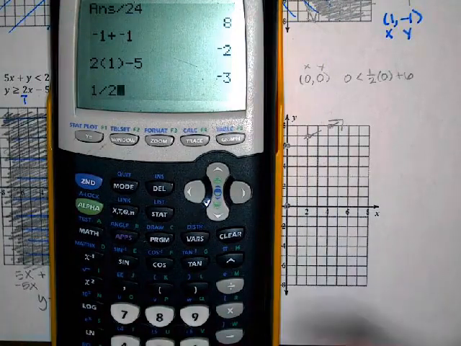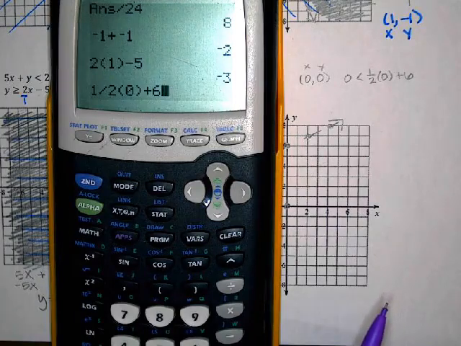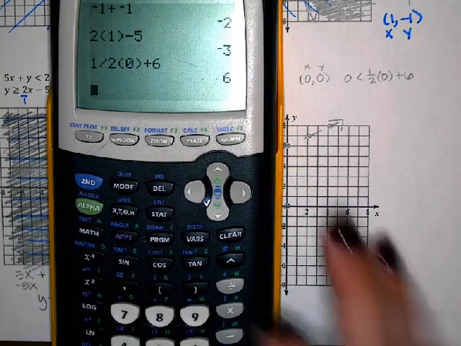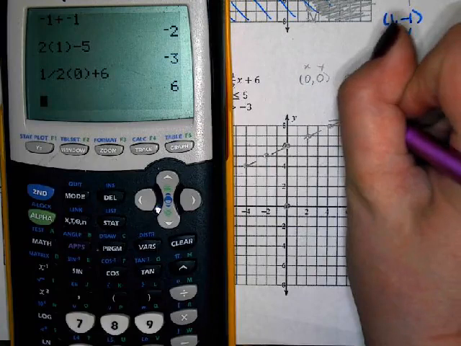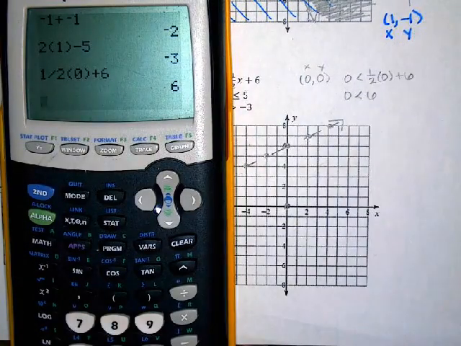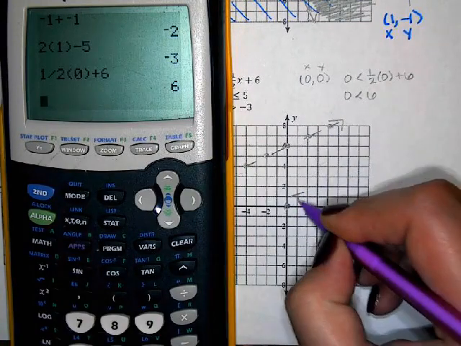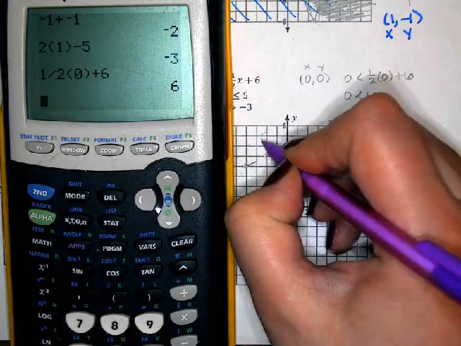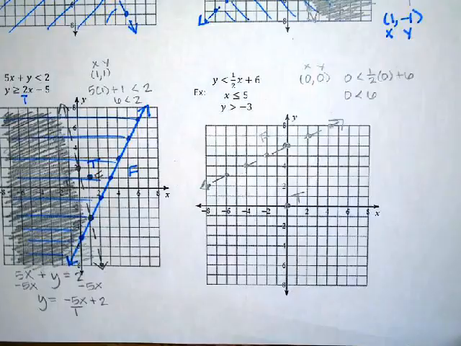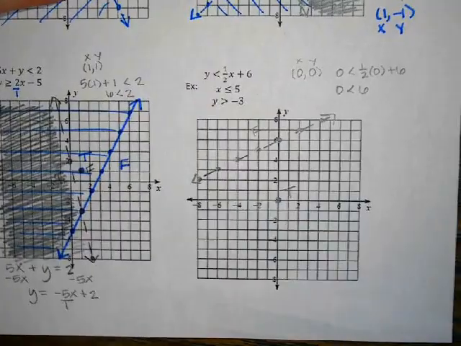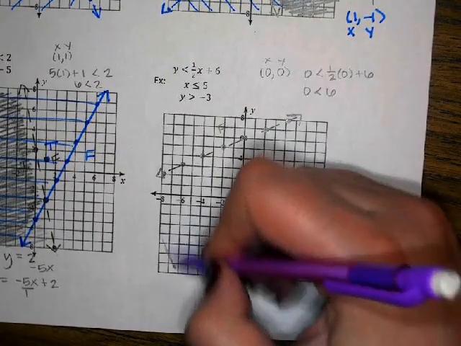It's just 6. Is 0 less than 6? True. So the bottom side of the line is true. Over here where the point is, that's true. That means the top side of the line is false. So where should we shade? Shade the bottom side of the line, this huge area. This whole thing. Okay.